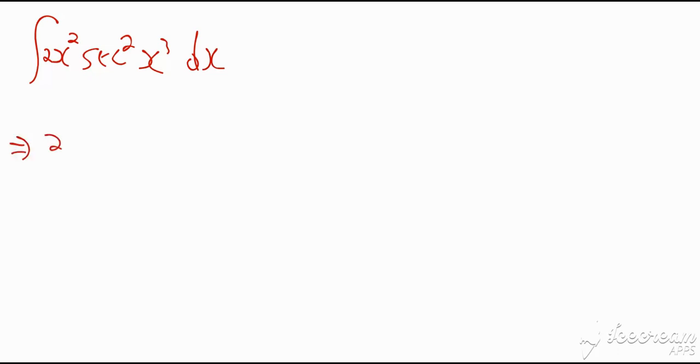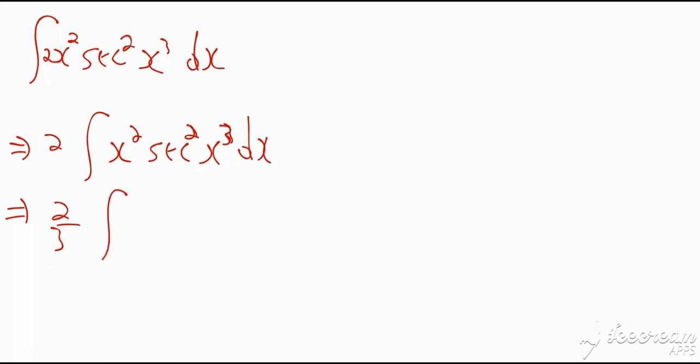So we have 2 integral of x squared sec squared x cubed dx. So incidentally, what I want is a 3x squared. So we can divide by 3, multiply by 3. So since we have 2 outside already, I'm going to have 2/3 the integral of 3x squared sec squared x cubed dx.